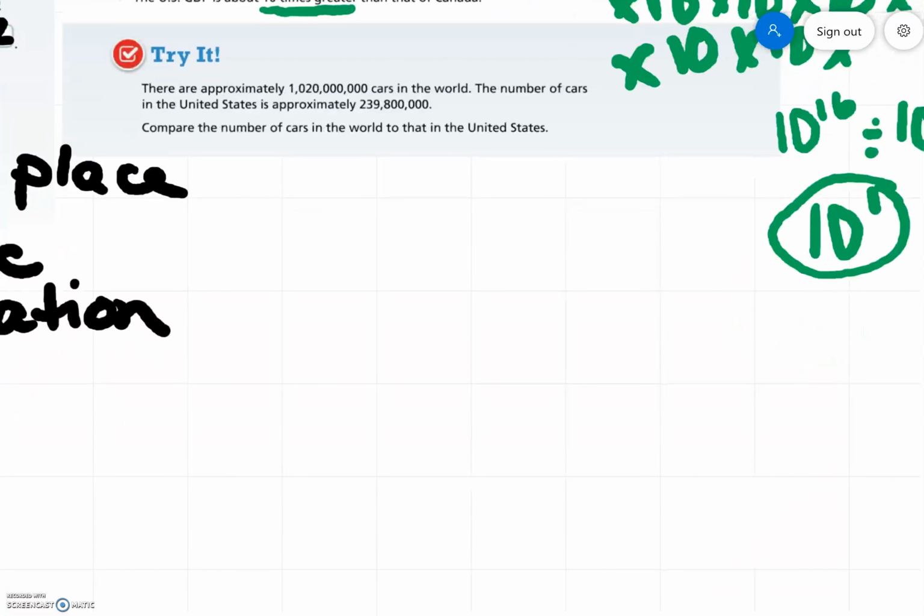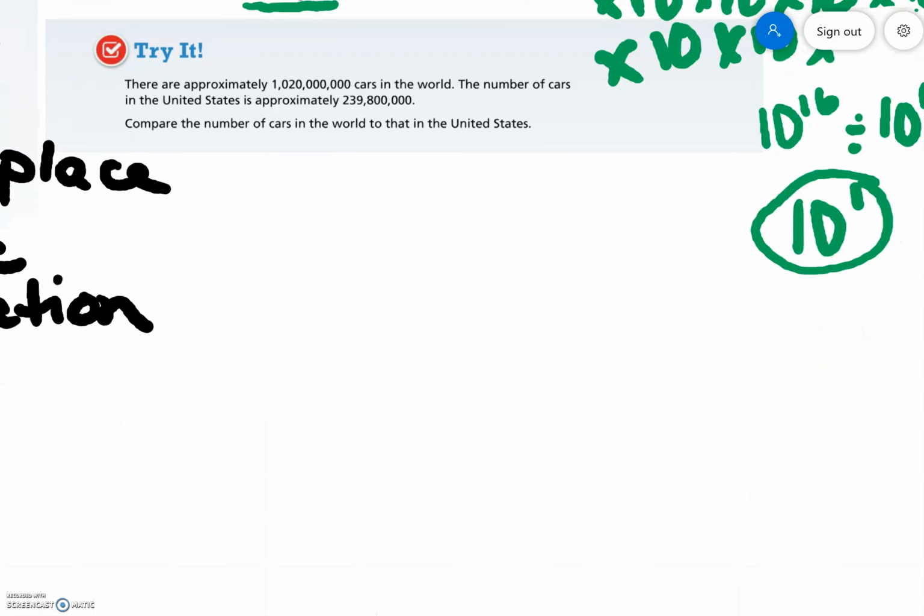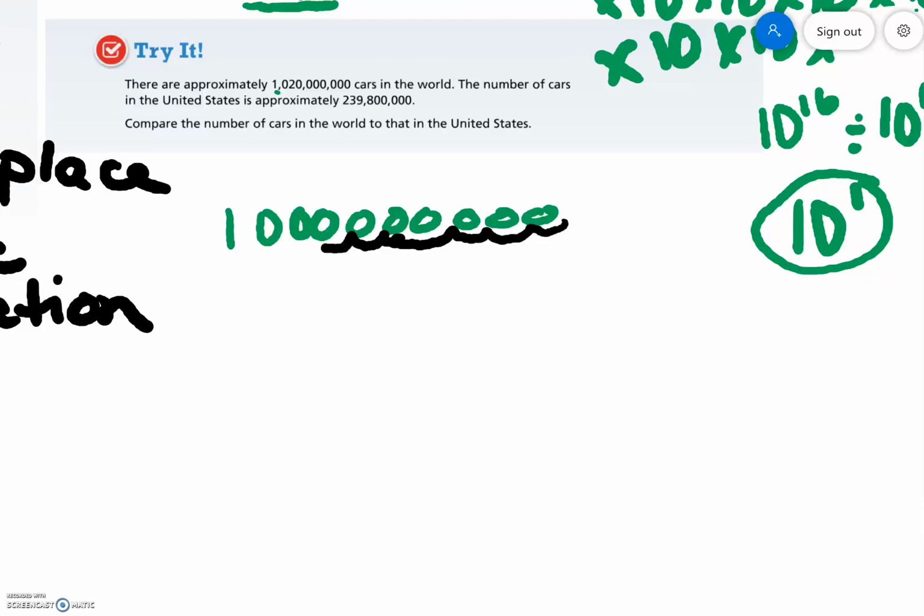All right, first I'm going to change these into scientific notation. So like the leftmost number is a 1, the next number is a 0, so I'm going to fill in the rest with zeros. So I'm looking at 1 billion. I'm going to count my decimal places. 1, 2, 3, 4, 5, 6, 7, 8, 9. So that's 1 times 10 to the 9th.